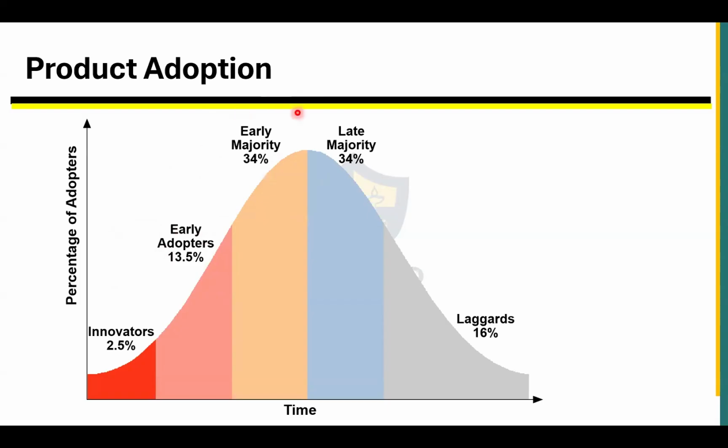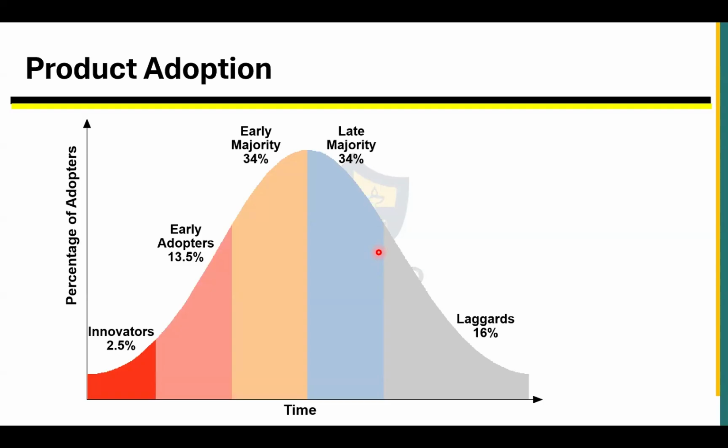Consumers have been segmented into five segments. Number one, innovators. Then the early adopters, early majority, late majority, and laggards. We'll take the famous example, the iPhone, for you to understand.